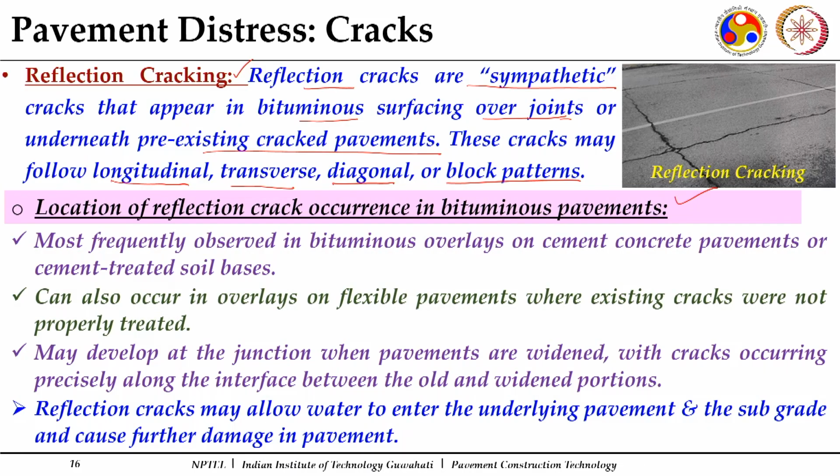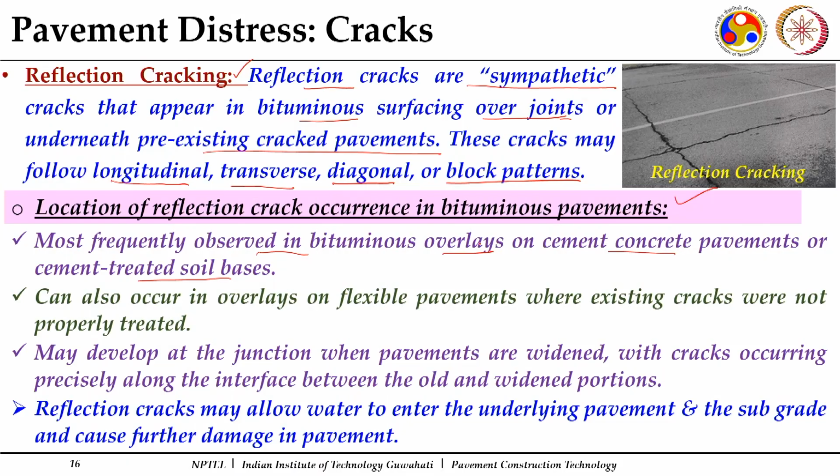They are most frequently observed in bituminous surfacing over concrete pavements or cement treated soil bases. Because there will be contraction joints and expansion joints, over those joints, when cement treated bases or cement concrete pavements are there with bituminous overlays, you can observe these reflection cracks.